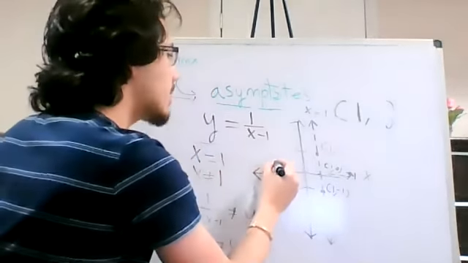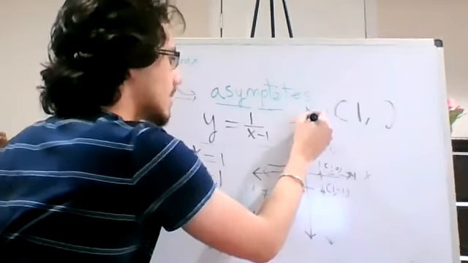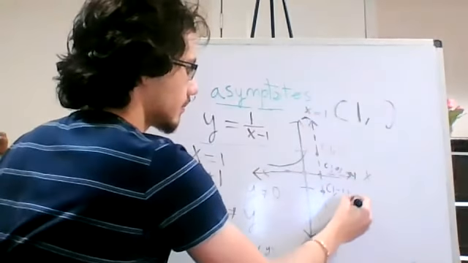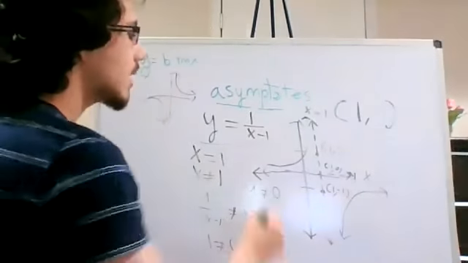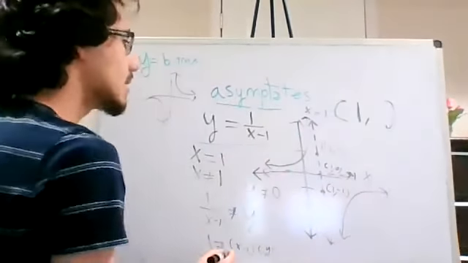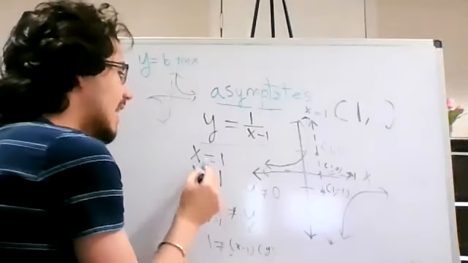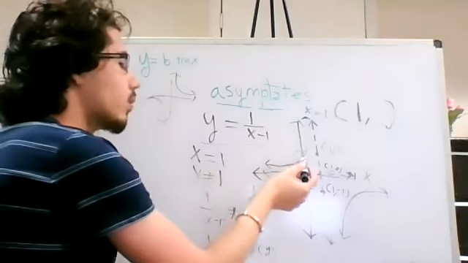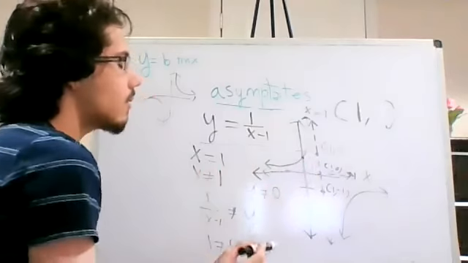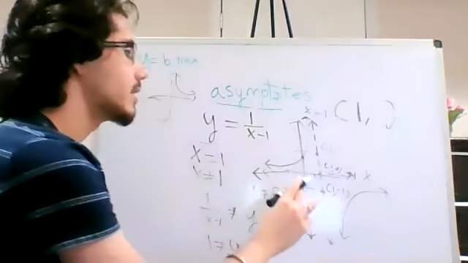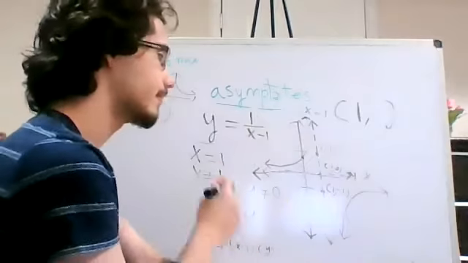So it will look roughly like this. And something that we can tell is that because before x can be 0 now, there will be a y-intercept as we've drawn it right here. So the function has changed fundamentally.